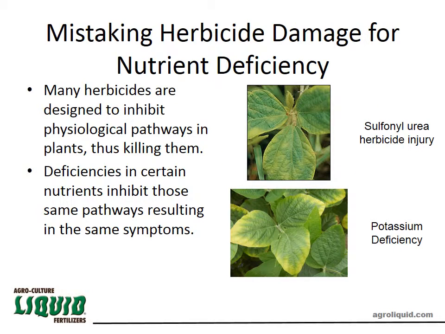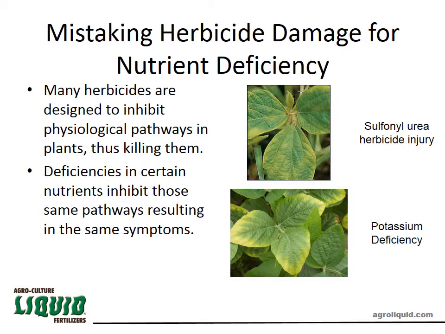So here's our next mistake that I see quite frequently out in the field. Many herbicides can be mistaken for nutrient deficiency symptoms. The reason is that a lot of herbicides are designed to inhibit a certain physiological pathway, and that therefore kills the plant. The same thing would happen if we had a nutrient deficiency. It would slow down that physiological pathway and inhibit that plant from growing.